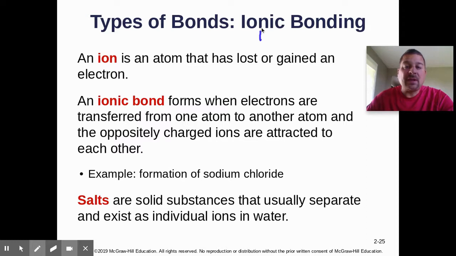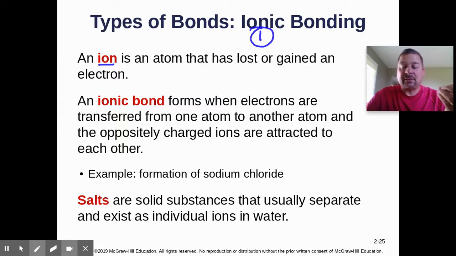Okay, the first type of bonding is ionic bonding. Now, an ion is an atom that has lost or gained an electron. So we remember we said that atoms of an element tend to be electrically neutral. So they have the same number of positive protons as negative electrons.